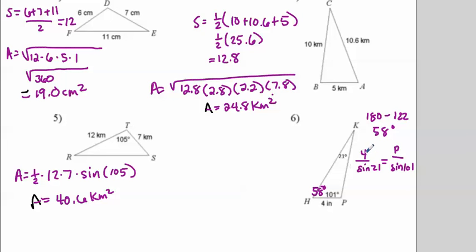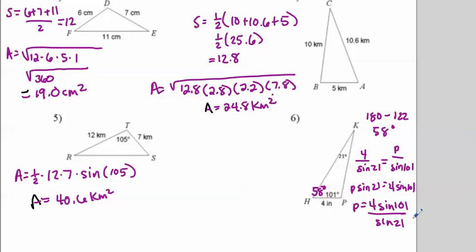And I'm going to cross multiply, and I'm going to get P times sine 21 equals 4 sine 101, and divide, so P equals 4 sine 101 over sine 21.